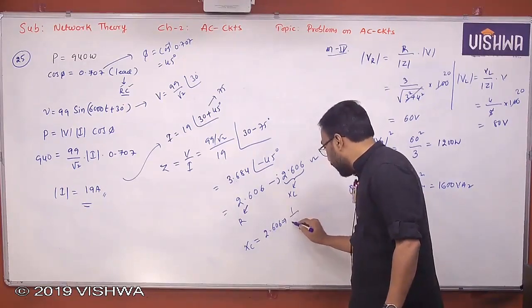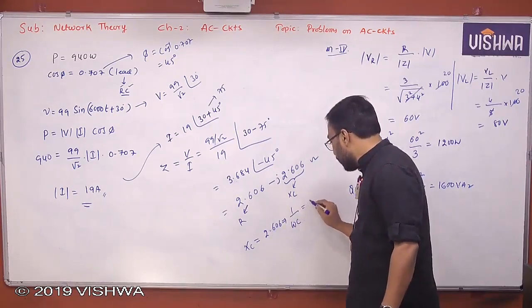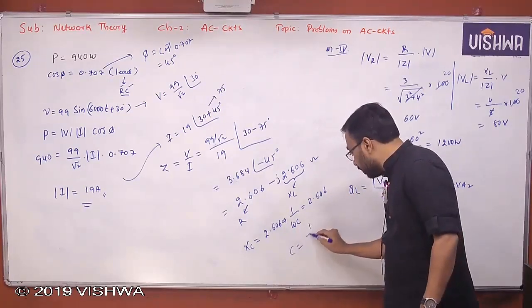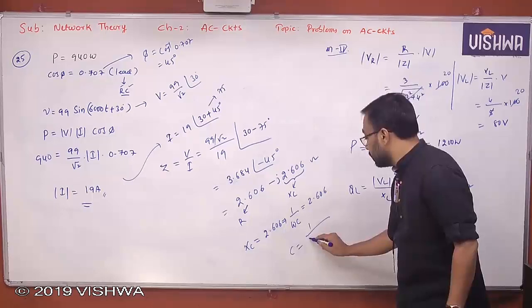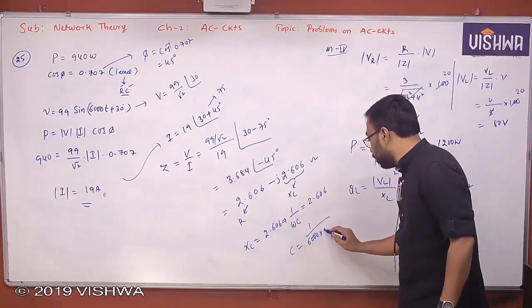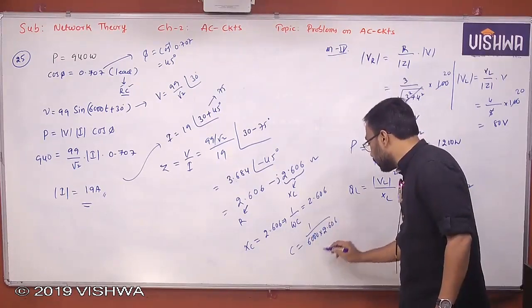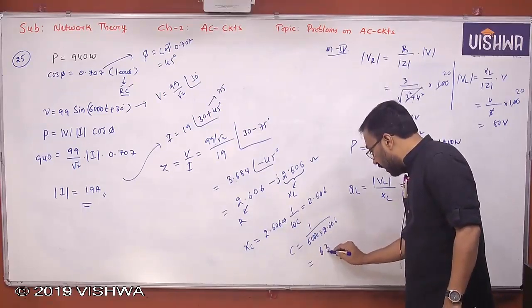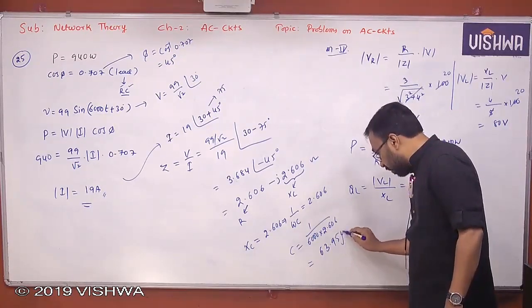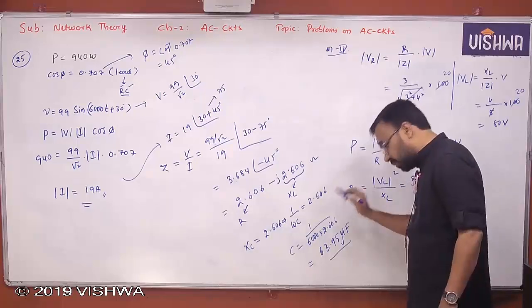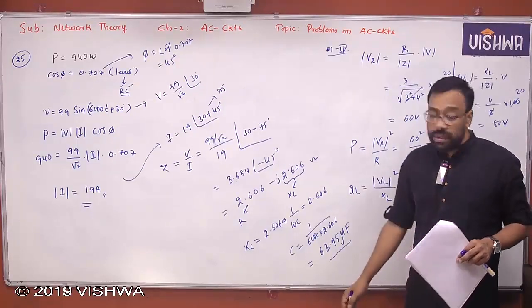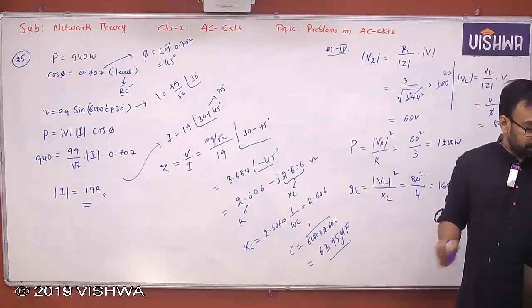XC is nothing but 1 by omega C, yes or no? It is 2.606. So C is equal to 1 by 6000 into 2.606. You can get the C value, which I can give you as 63.95 microfarad. This is how you are supposed to solve the problem. Note that down, all of you.